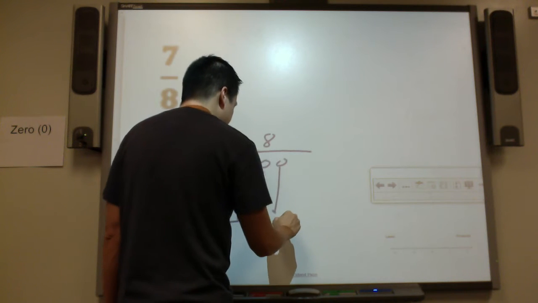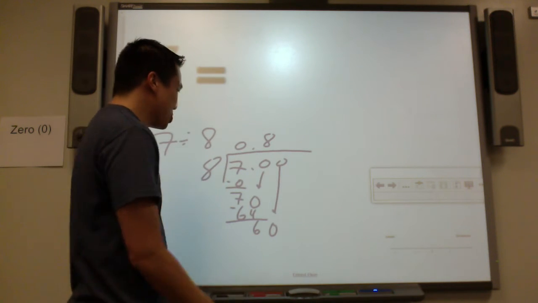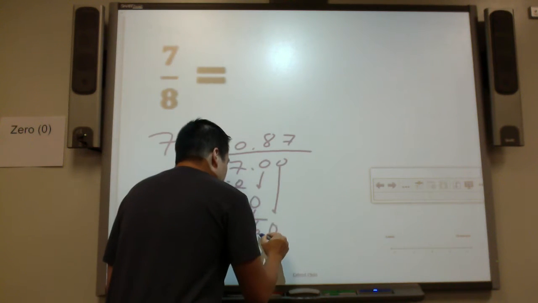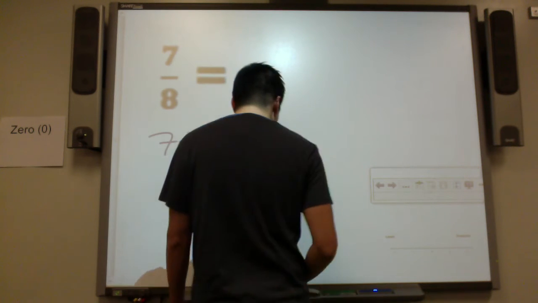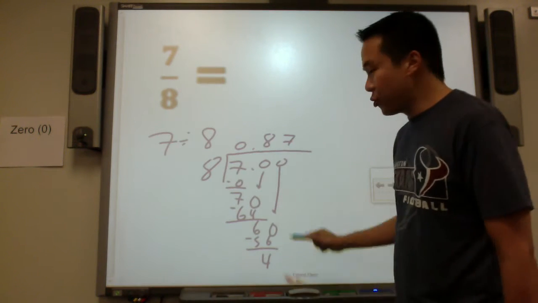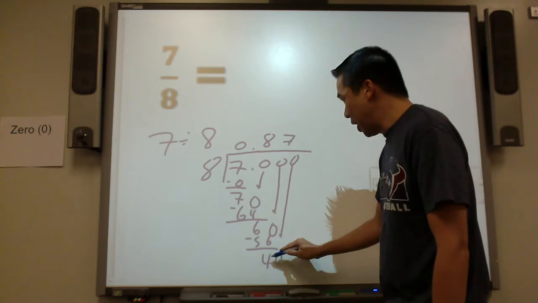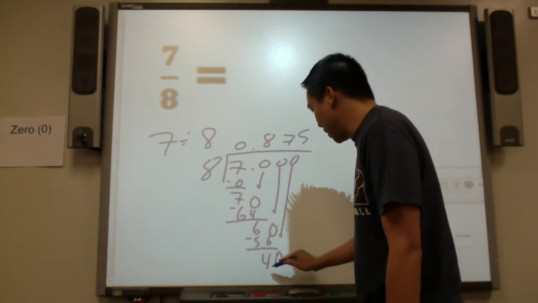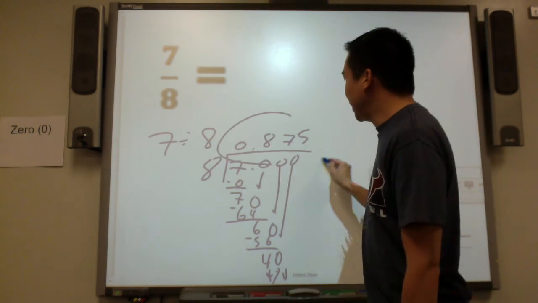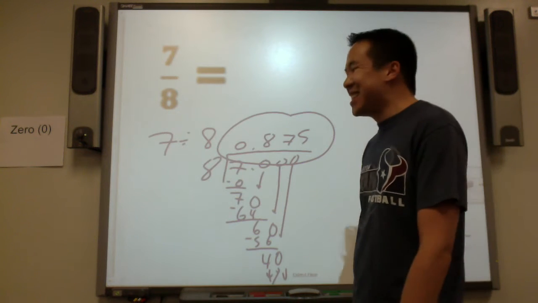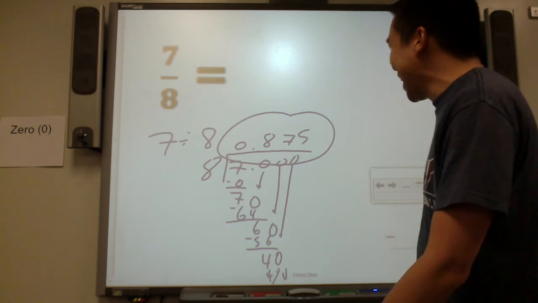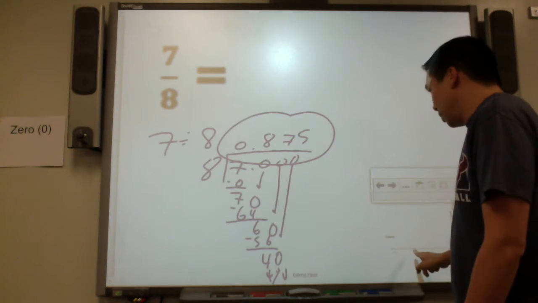Add another 0. How many groups of 8 go into 60? 7 groups. That's 56. 60 minus 56 is 4. Add another 0. Bring it down. How many groups of 8 go into 40? 5 times. So the decimal equivalent of 7/8 is 875 thousandths.